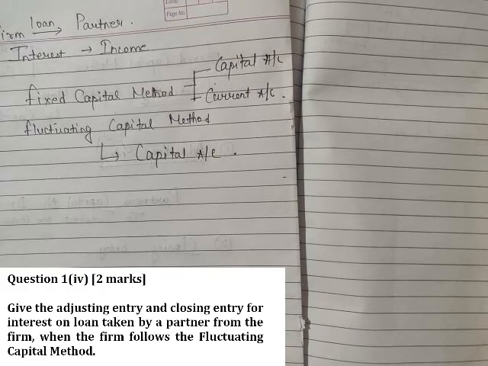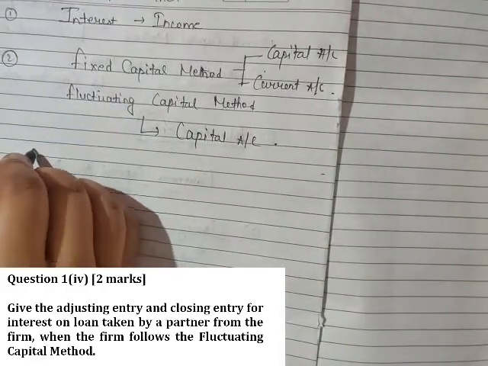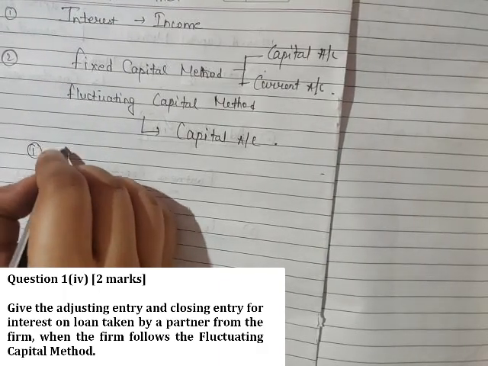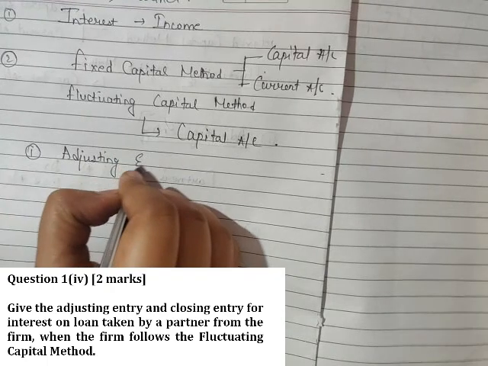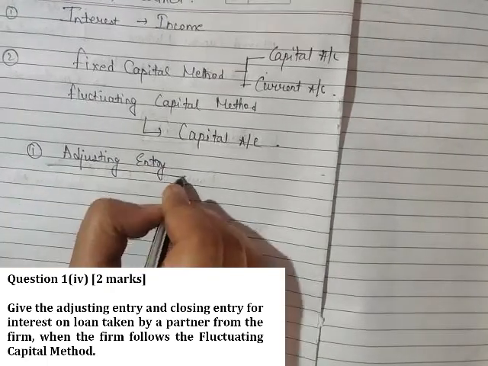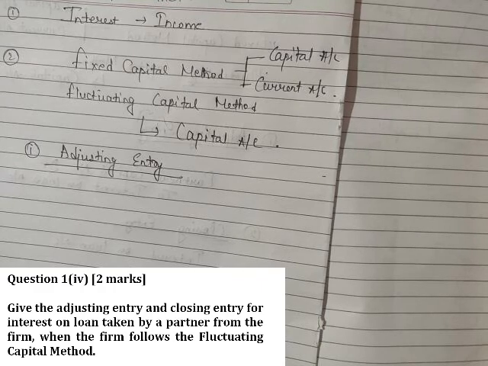Now let us look at the entries. We have to pass two entries. First is the adjusting entry. What is an adjusting entry in accounts? An adjusting entry is a journal entry by which the expense or income is recognized for the period.